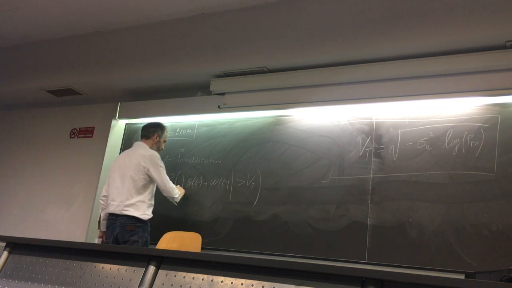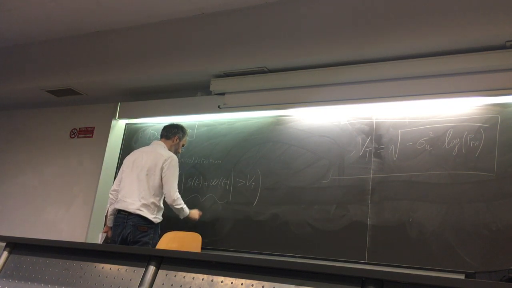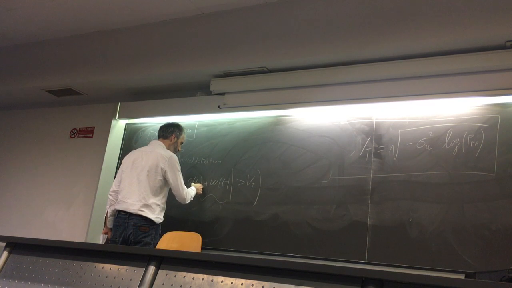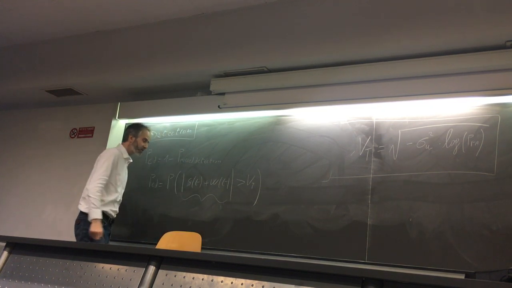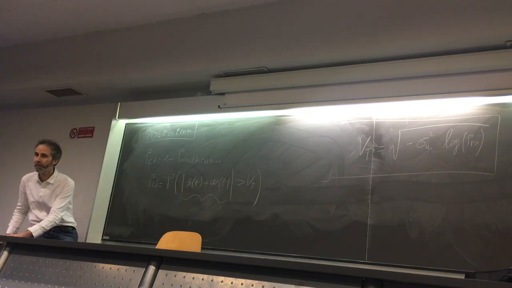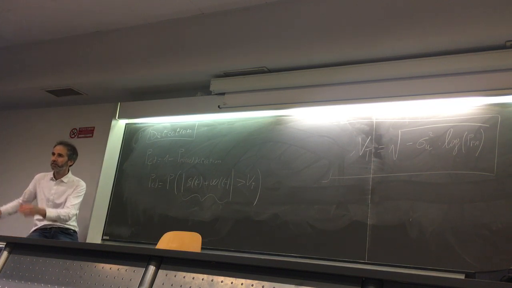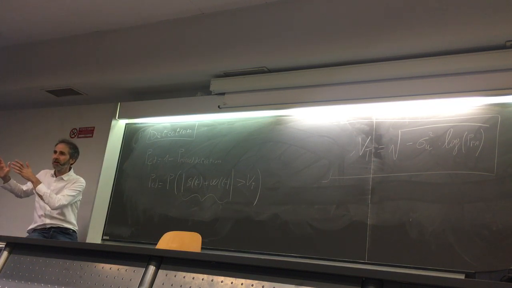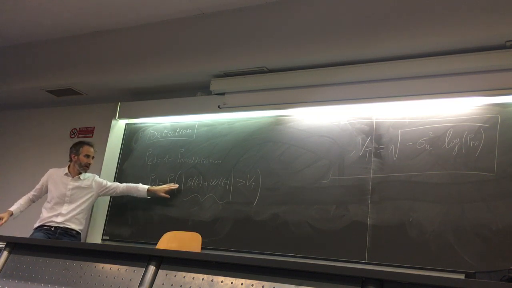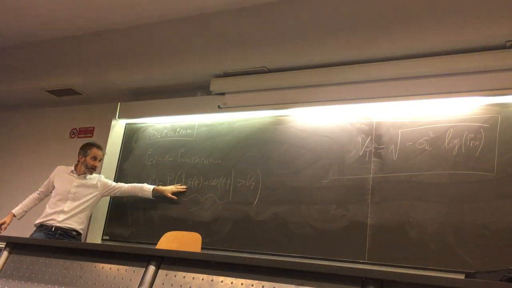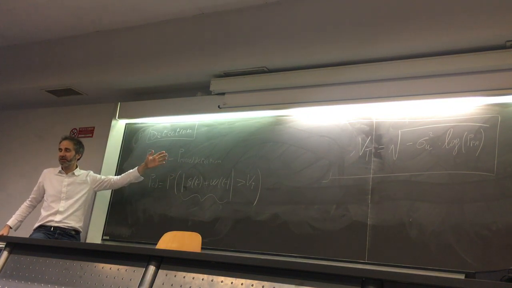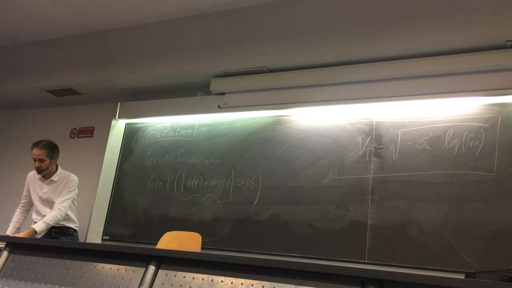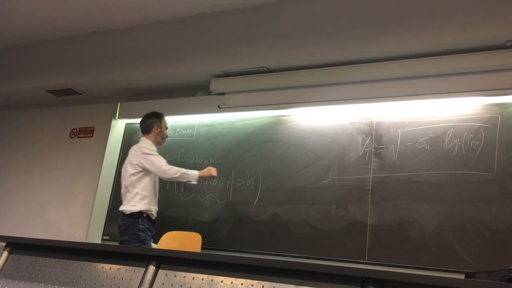So we need the probability of this random variable. Now this random variable is a complex Gaussian random variable plus a number. This is a bit more complicated because the absolute value of this variable gives a probability distribution which is called Rice.